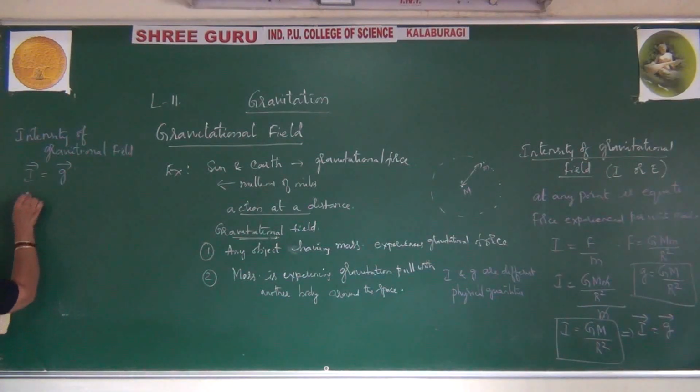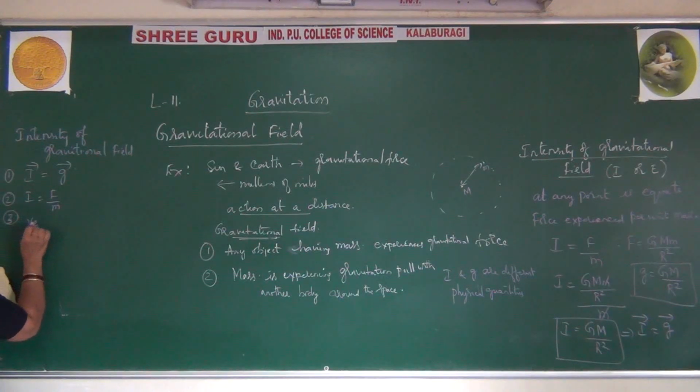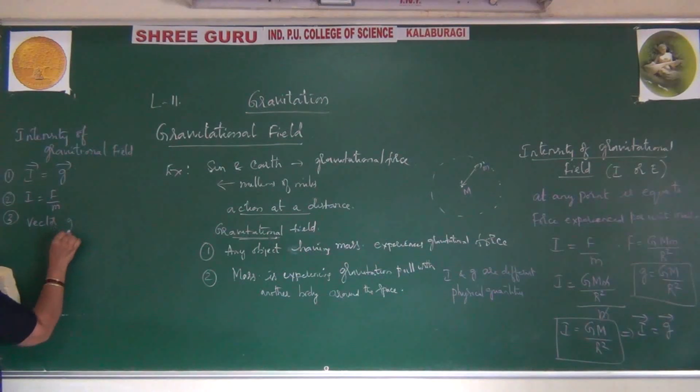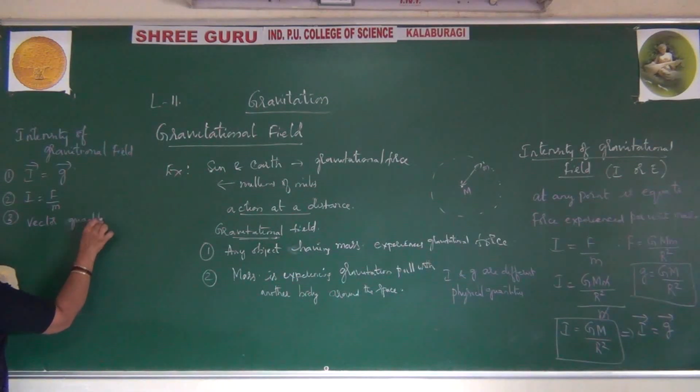But you know I is equal to F by m. Right? This is what you know. This intensity of gravitational field is a vector quantity.